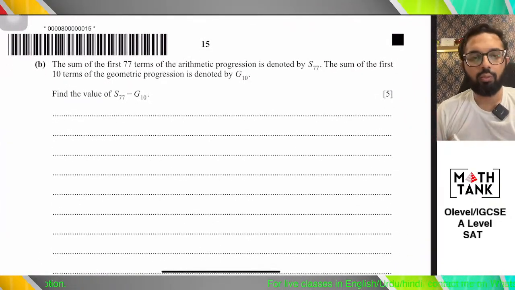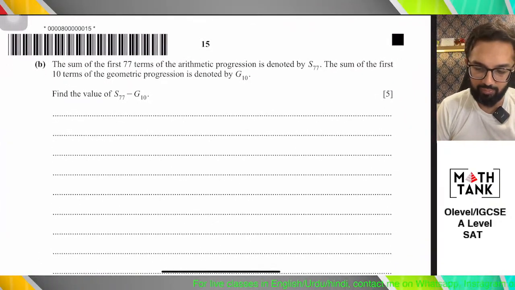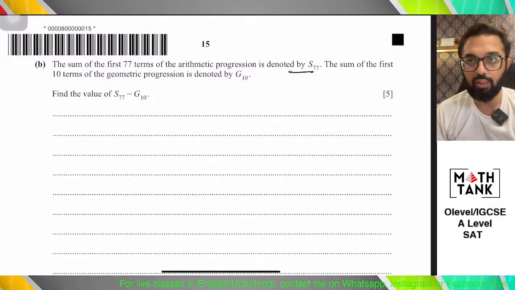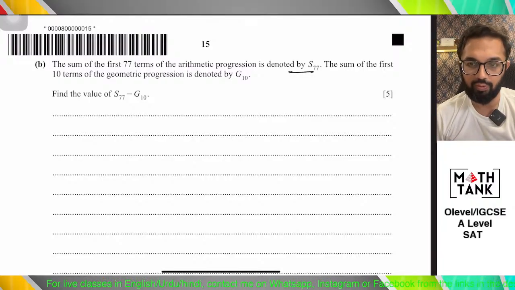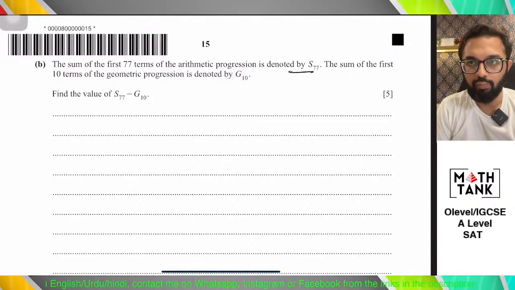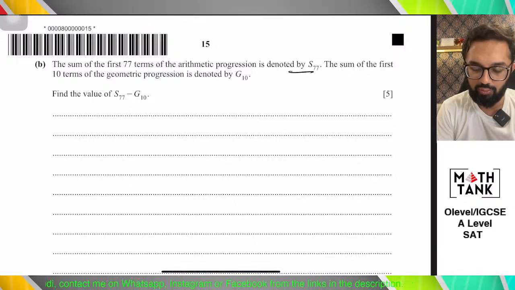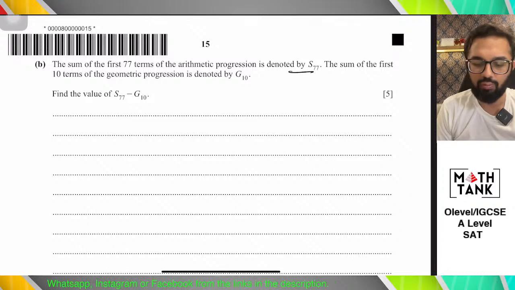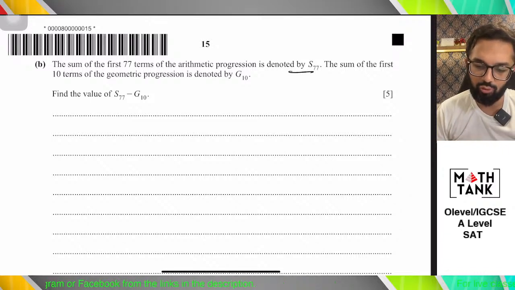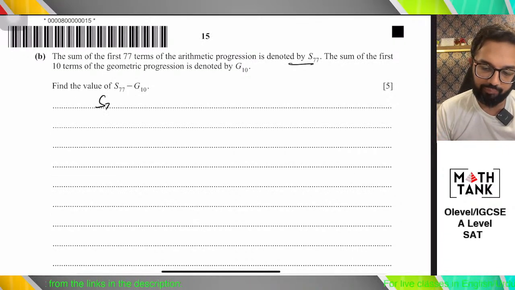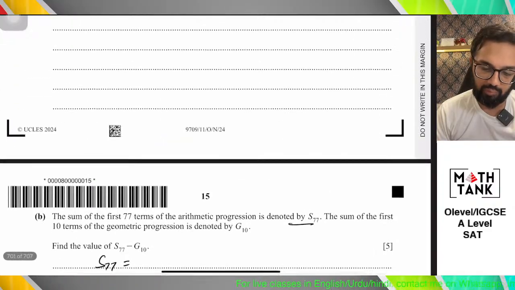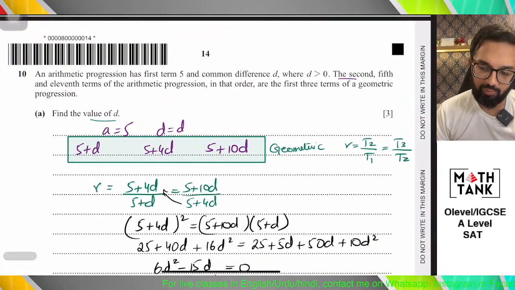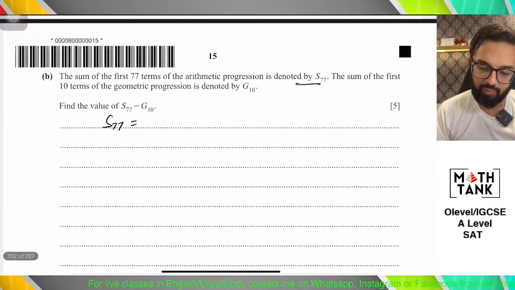Then the sum of the first 77 terms of the arithmetic progression is denoted by S77. The sum of the first 10 terms of the geometric progression is denoted by G10. Find the value of S77 minus G10. We're talking about the same arithmetic and geometric progressions, right? Yeah.